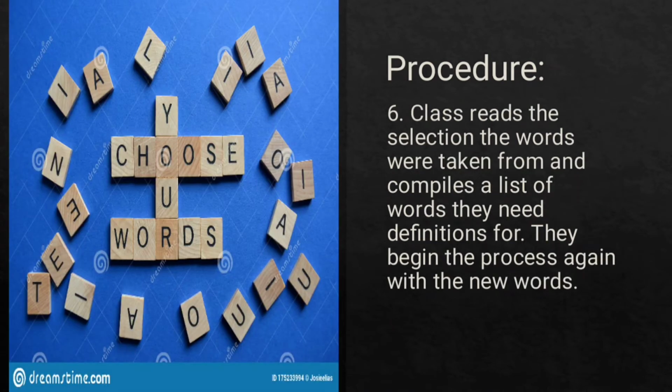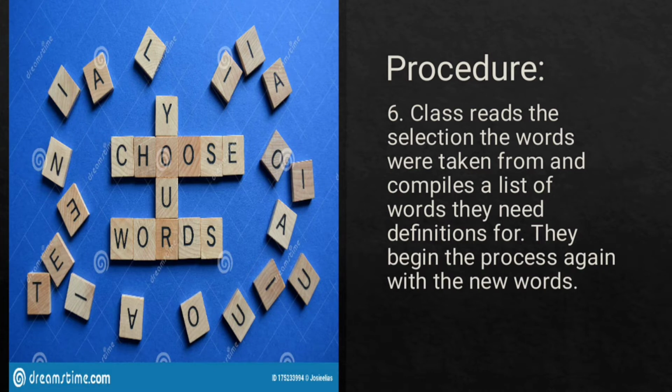So procedure number 6. Class reads the selection the words were taken from and compiles a list of words they need definitions for. They begin the process again with a new word.